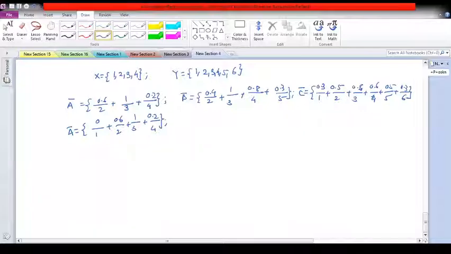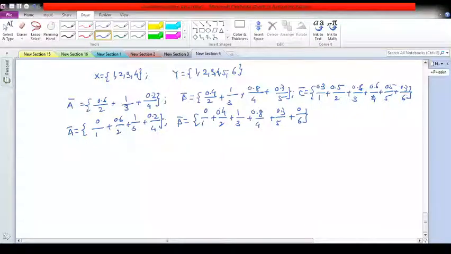Okay. Similarly, let me make B bar's length equal to the length of the universal set. For 1 it is 0, for 2 it is 0.4, for 3 it is 1, for 4 it is 0.8, for 5 it is 0.3, and for 6 it is 0.